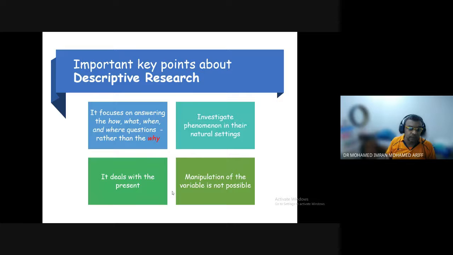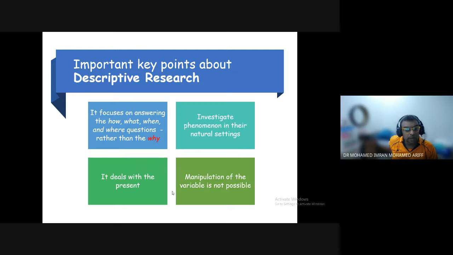There is nothing more you need to find out than this. Important key points about descriptive research: focusing on answering the how, what, when, where questions rather than why. Investigate phenomena in their natural setting. Deals with the present. Manipulation of variables is not possible.